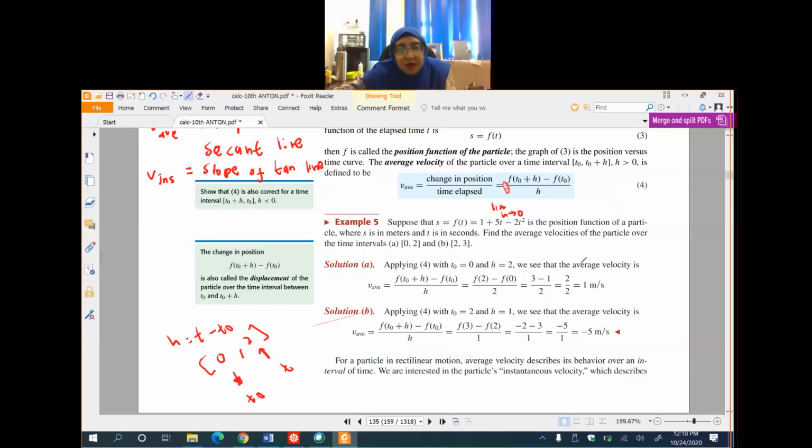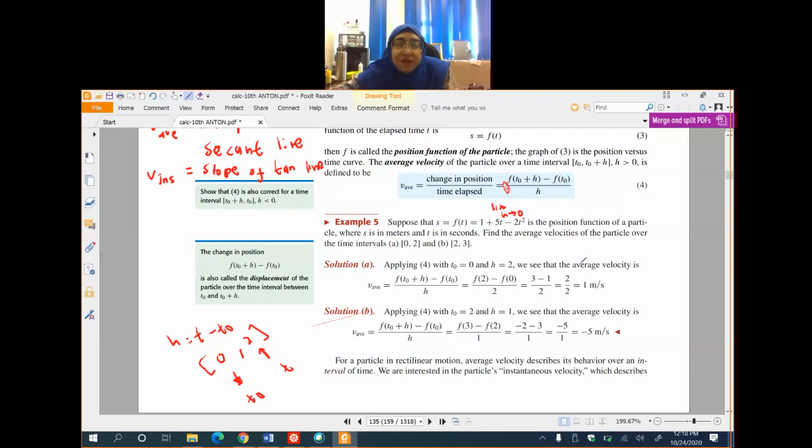Now for example 6, the question asks us about the instantaneous velocity instead of average velocity. So for the instantaneous velocity, we have to use the formula that involves limits.